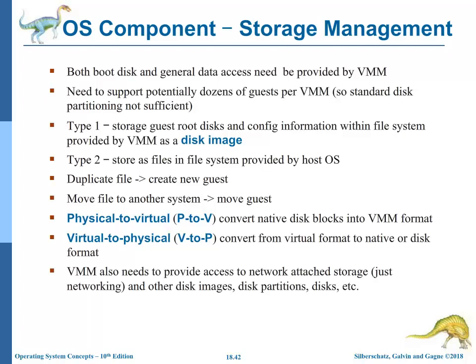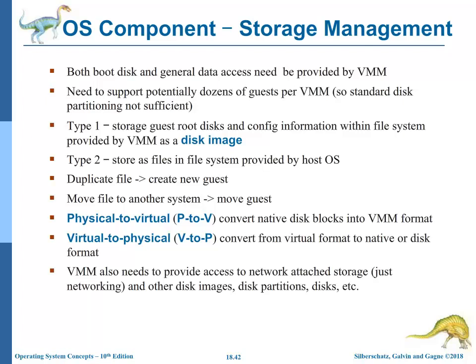In essence, a disk image containing all of the content of the root disk of the guest is contained in one file in the VMM. The associated disk image of the guest can be duplicated, copied, and moved to other systems. Frequently, VMMs provide a mechanism to capture a physical system as it is currently configured and convert it to a guest that the VMM can manage and run.